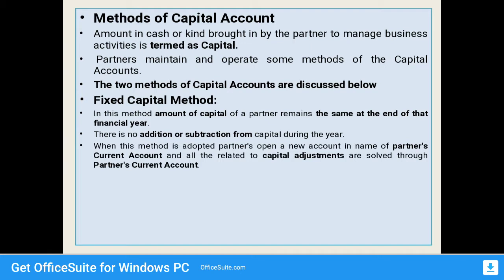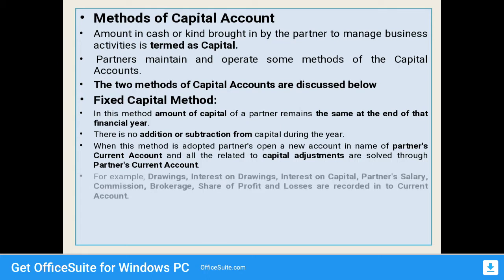When this method is adopted, the partner opens a new account in the name of partner's current account, and all the related capital adjustments are done through the partner's current account.